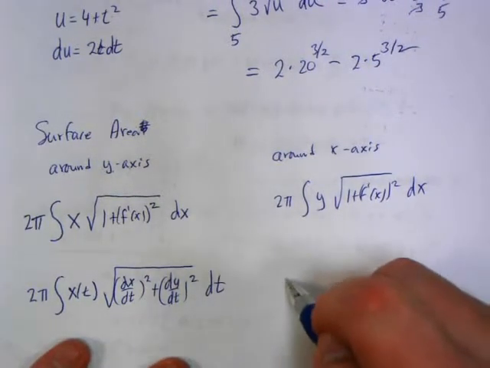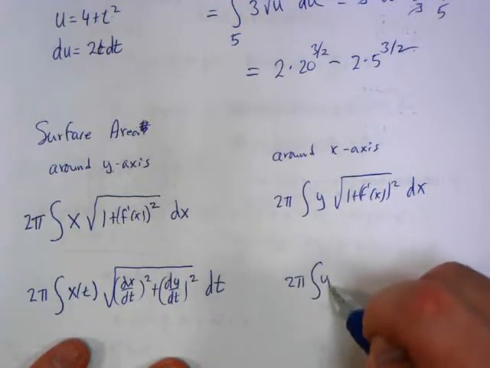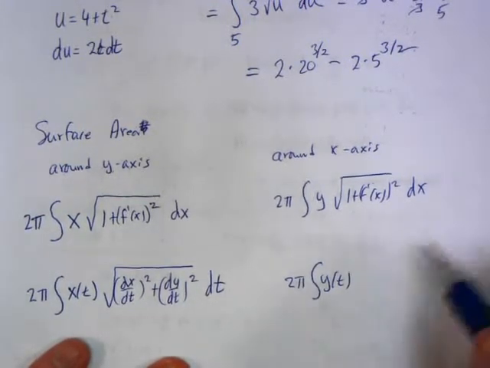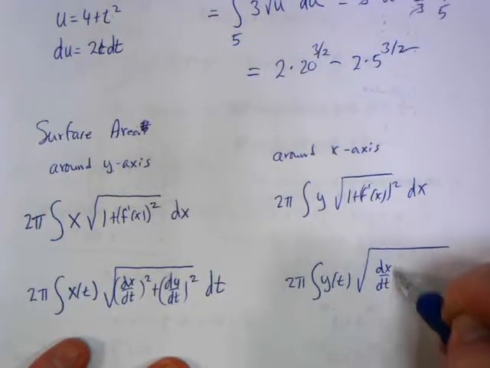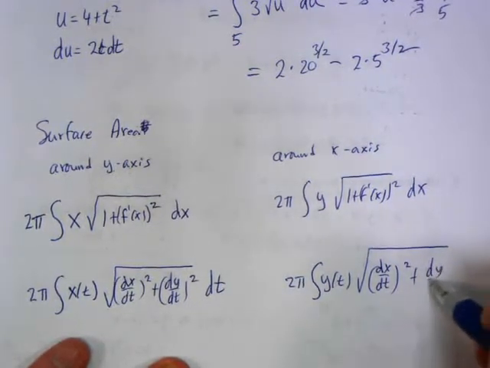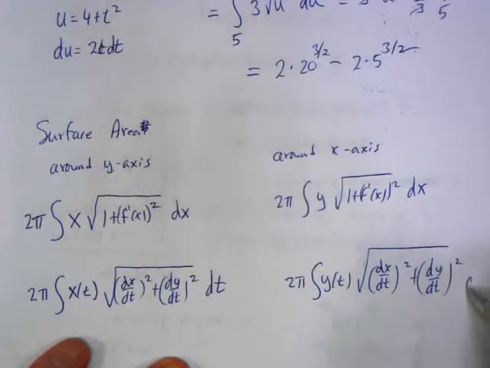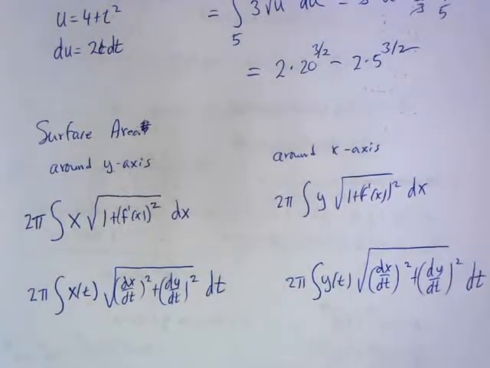Or it'll be 2 pi, the integral, whatever the function for y of t is, square root of dx dt squared plus dy dt squared dt. So we need 2 formulas that are related for t.